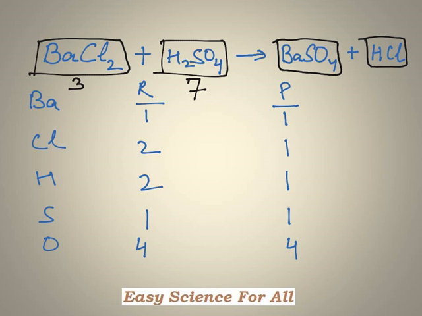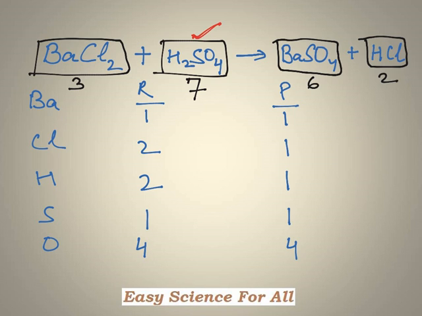On the product side, again this box consists of one barium, one sulfur and 4 oxygen. So there are in all 6 atoms, and in the last box there are one hydrogen and one chlorine atom. So in all there are 2 atoms inside this box. In the next step, choose that box which has maximum number of atoms.